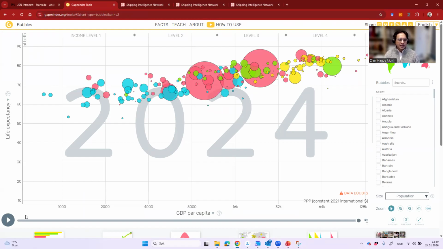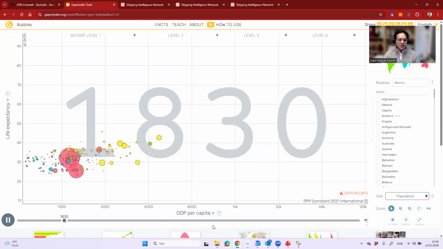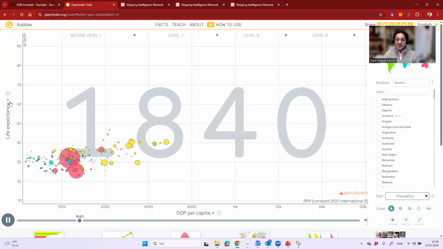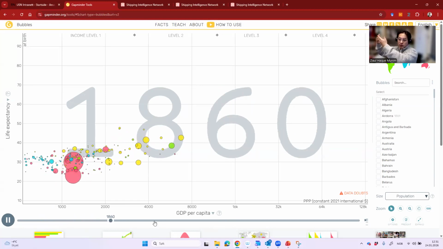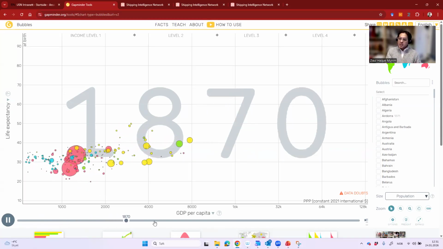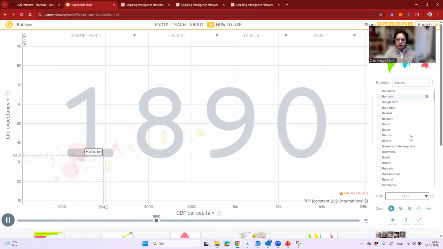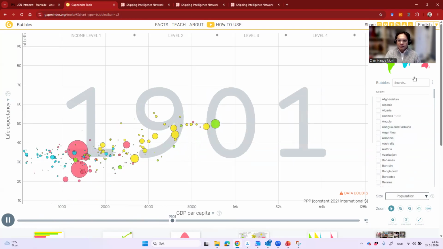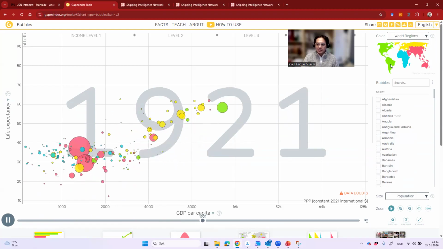If you play it, you will basically see from the 1800s for different countries how life expectancy was increasing with increasing GDP per capita. So in general, we say that if a country makes more economic development, the life expectancy also goes up, okay? Here you see the different countries.